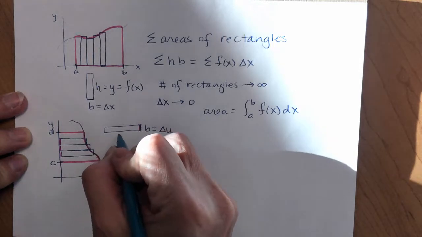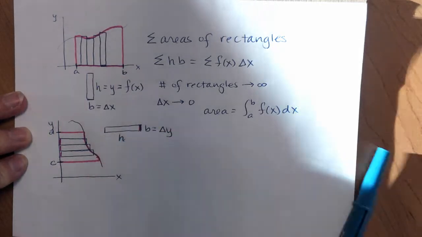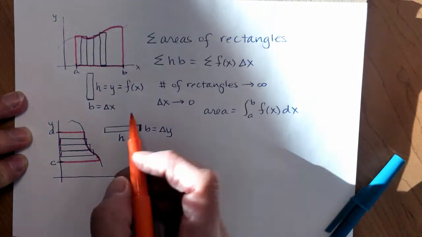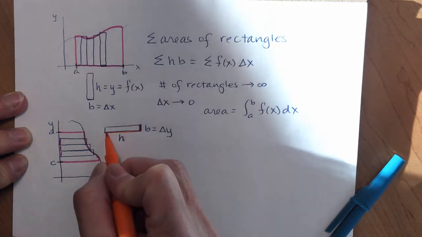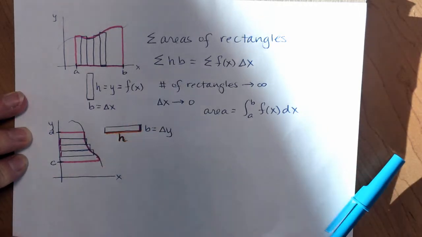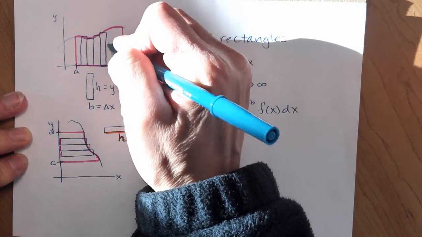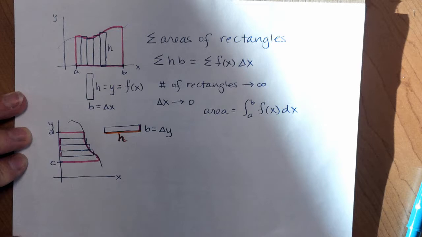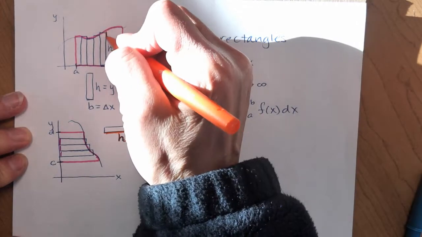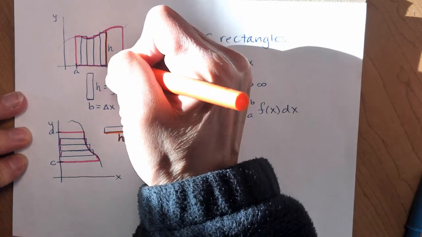And now the height, let's call this section here the height of my rectangle. The height of my rectangle is going to be an x value now. Remember over here, the height of the rectangle was a y value, going up and down vertically.